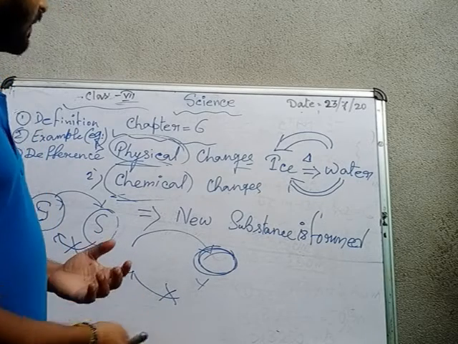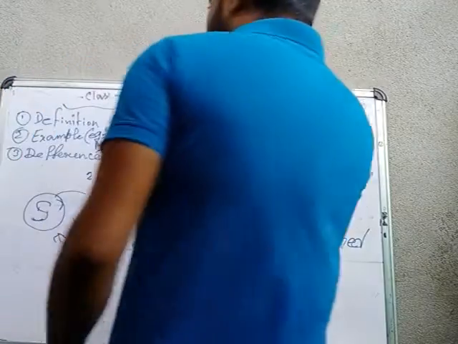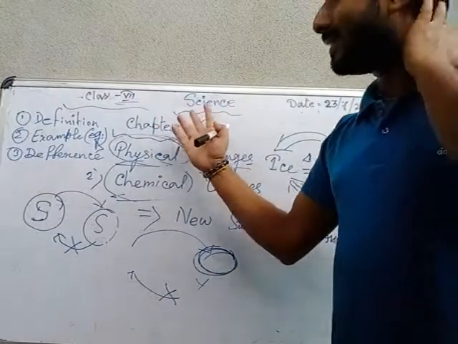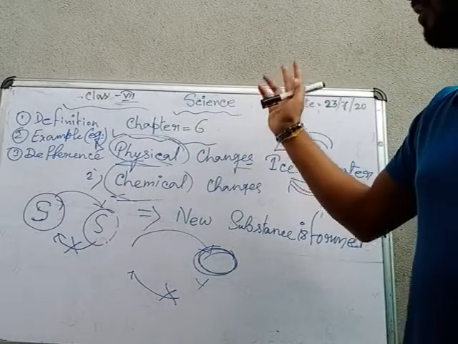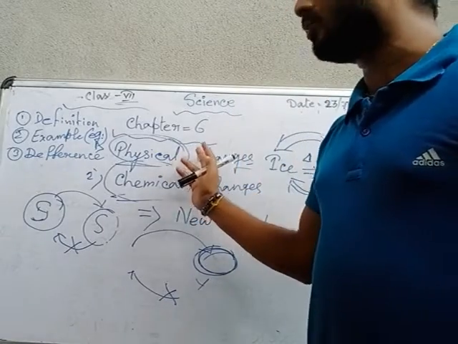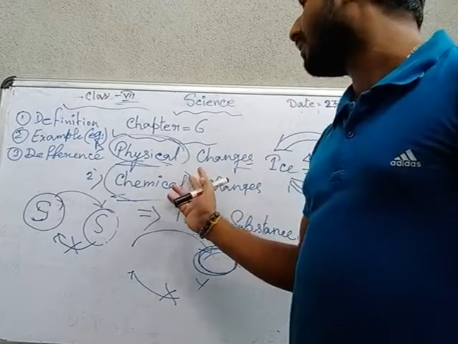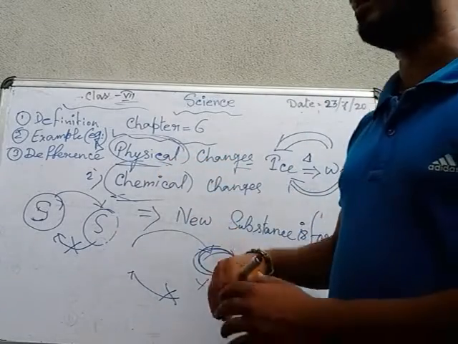I will revise it again. On the basis of science applications, changes are mainly divided into 2 types, physical and chemical. What are physical changes? That means the substance is changed temporarily.